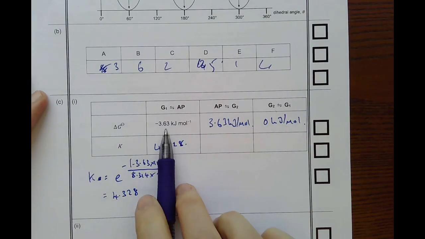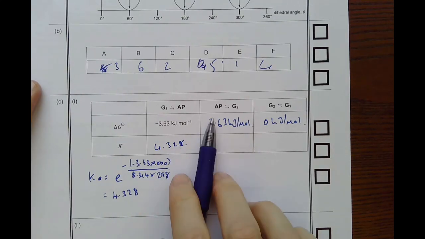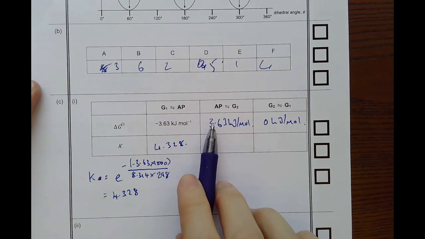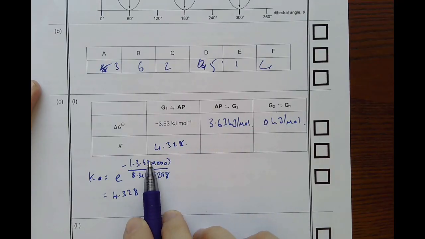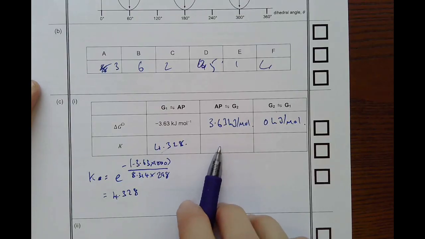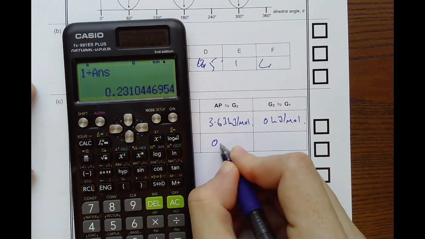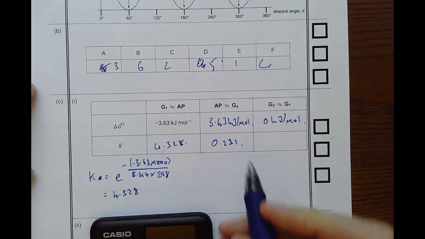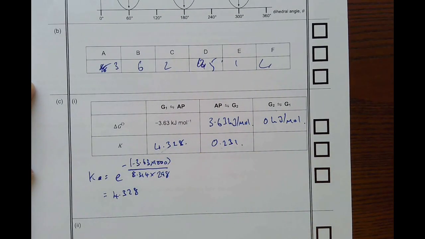It does, because we said this was a spontaneous process, so you'd expect the equilibrium constant to be larger than 1. As this is the inverse, now of course you can take this number and put it back into here, but it should make sense that as this is the inverse, this equilibrium constant is just going to be the reciprocal. So if I just do 1 divided by that, I'm going to get 0.231, and you can double check that by putting this number into here, which is just going to change the sign, but you will get that number back.